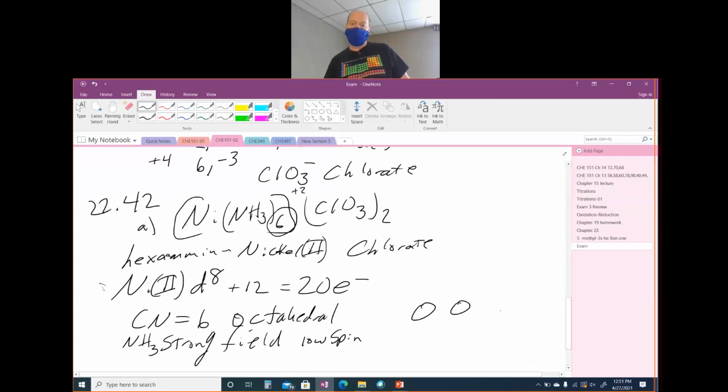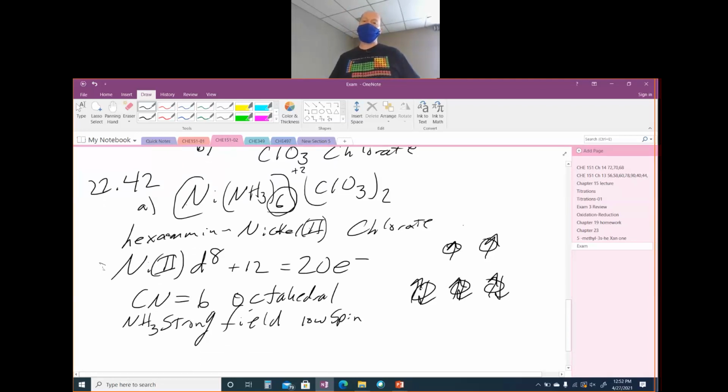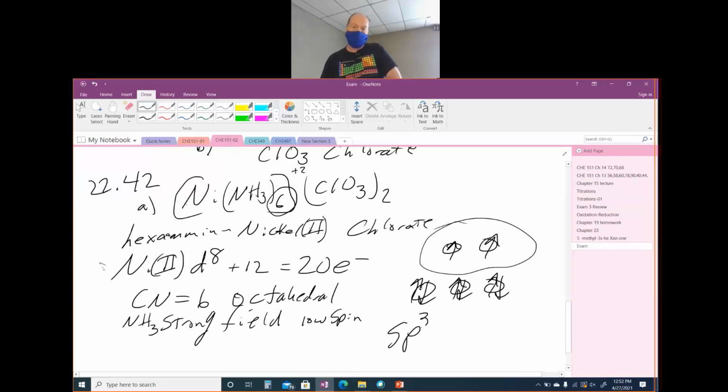And when you have a D8, even low spin or high spin would give you the exact same electrons. You would put them in differently, but when you are done, you would have the exact same electron configuration for putting in 8 electrons. All right, and so since we have an electron up here, one or more electron up here, the hybridization is sp3d2.